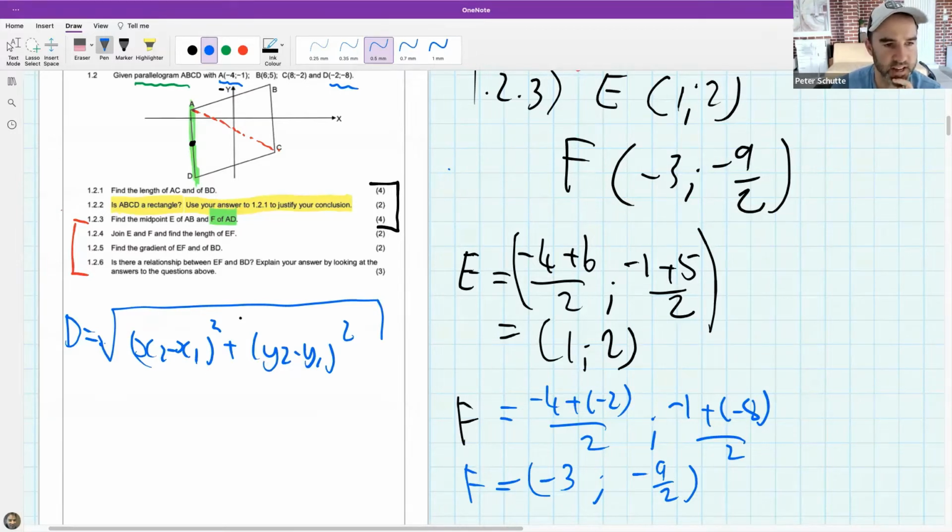And so that's to find the length EF. Now, what's important is that EF is actually something that we've just worked out in the previous question, right? So here was E and here was F. And so what they're asking us to do is to find that.